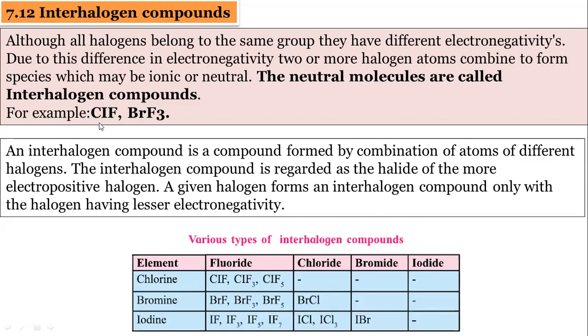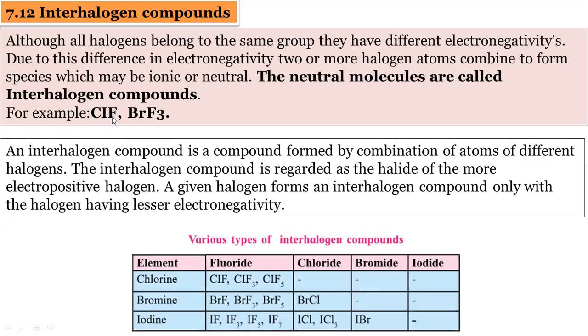For example, Cl is one halogen, fluorine is another halogen, bromine, fluorine. So always these interhalogen compounds are formed with a combination of atoms of different halogens. Out of these two, one is electronegative and one is electropositive. These interhalogen compounds are formed in which one halogen is highly electronegative.